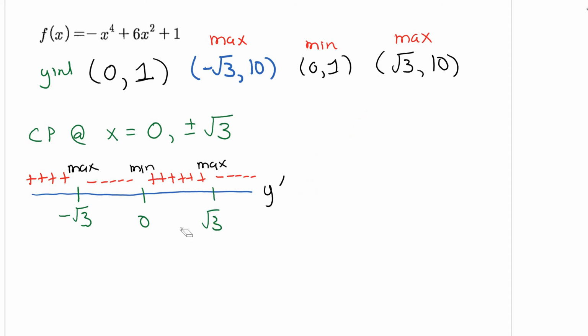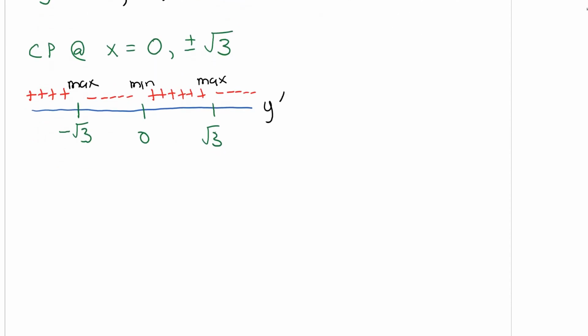After we find those points, the next step is to draw a number line for your second derivative. So you would take your second derivative, which happens by taking the first derivative and taking its derivative again, and then you would set that equal to 0. And if you do that correctly, the x values you would get are -1 and +1.